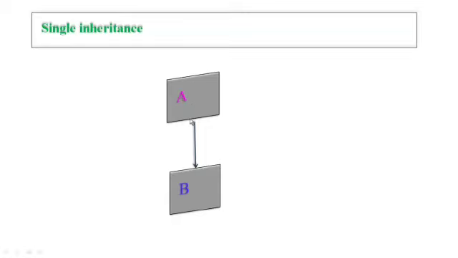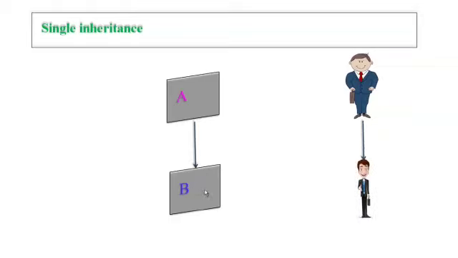This is called parent class or super class. And this class is called child class or subclass. All the properties of parent class is inherited into child class.